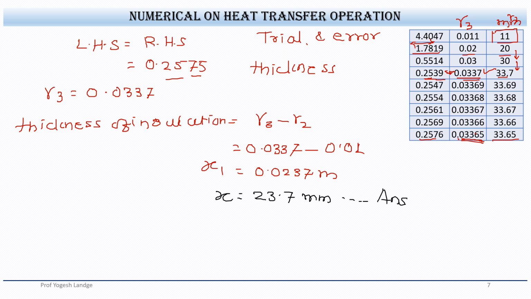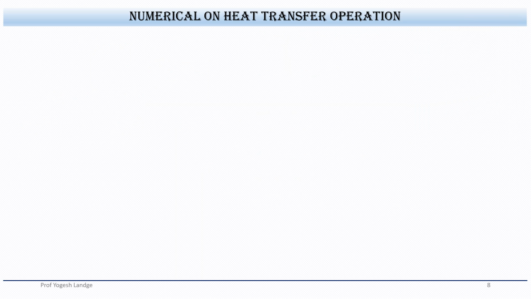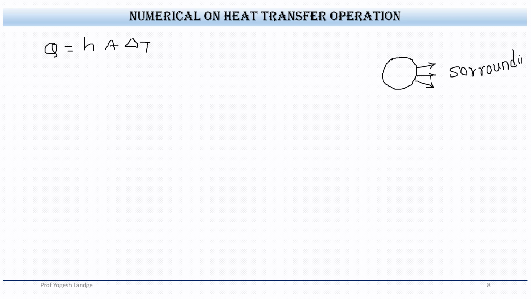Now we move to the next one. They ask for the value of Q by L, the amount of heat loss per unit length. For that we use the formula Q equals HA delta T. This is the surface of the insulating material, and from there the heat is lost to the surrounding.